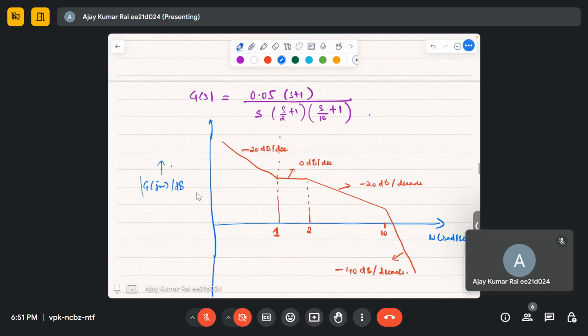So if we look at this low frequency asymptote, you know the slope is minus 20 dB per decade. So we can comment that because it's minus 20 dB per decade, we have a type 1 system. Type 1 system means we have an s term.